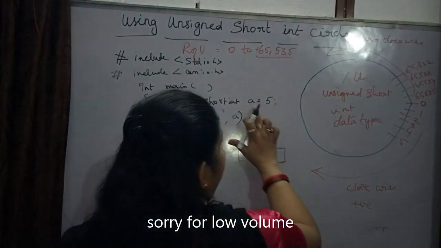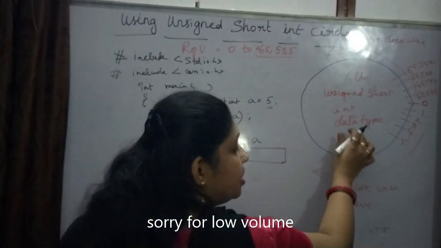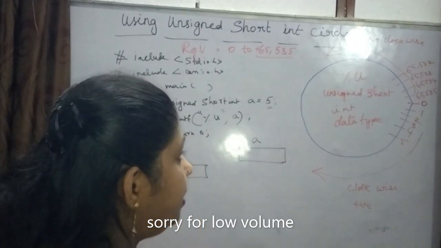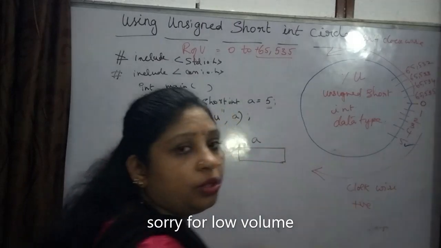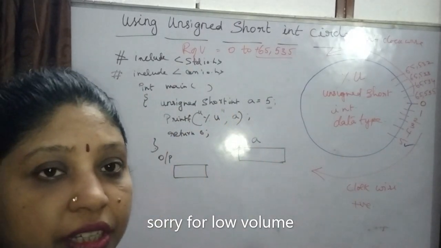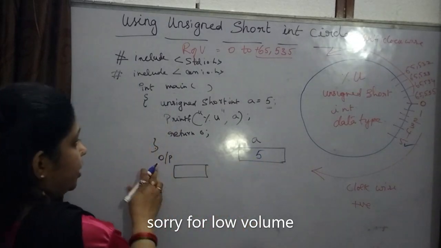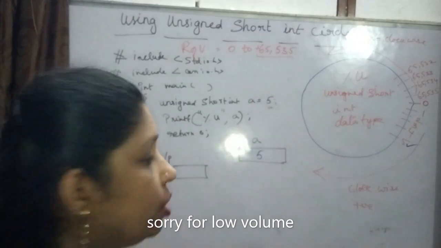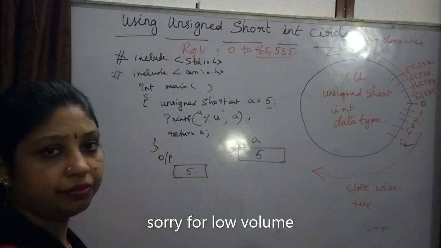It will check whether this number is there on this circle or not. When it checks 1, 2, 3, 4, 5, you got the number. The moment it sees the number, it will store that number here, and as I have asked to print that value, the output for this program you will get is 5.